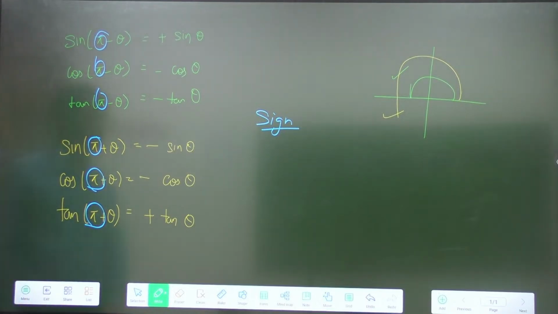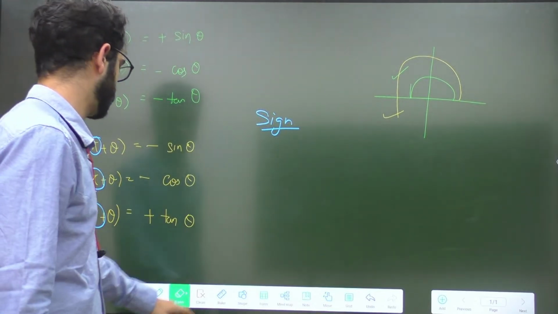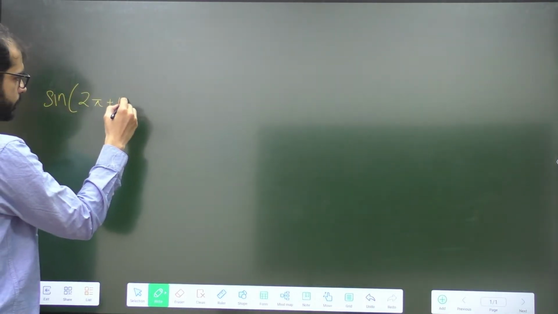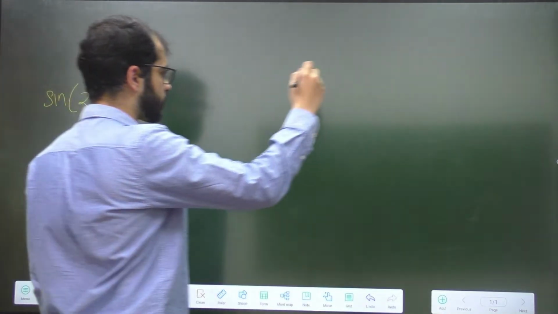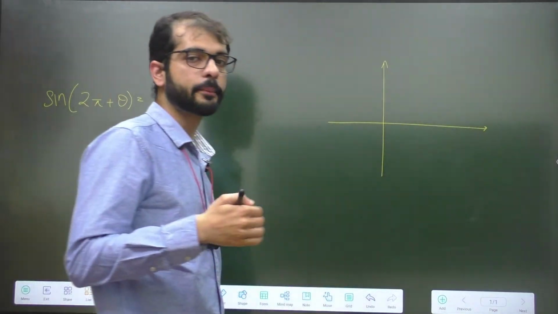Let's discuss a few questions based on this. Okay, so if I say write sine of 2 pi plus theta, let's observe what is happening. If we are following the long approach, we can say that the angle is 2 pi plus theta.